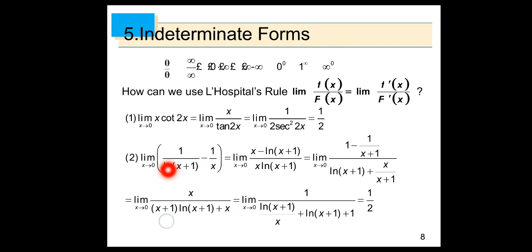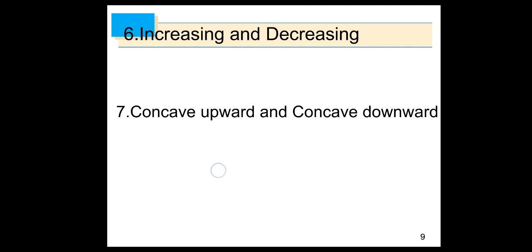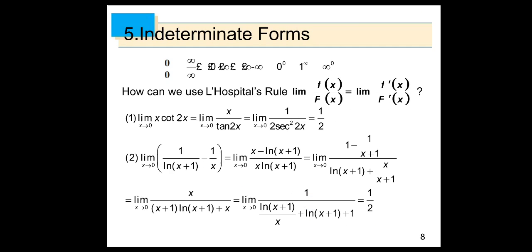Similarly, we have this thing over here, and after taking derivatives we have made them able to be solved in determinate form, and the answer for that was again 1 by 2.